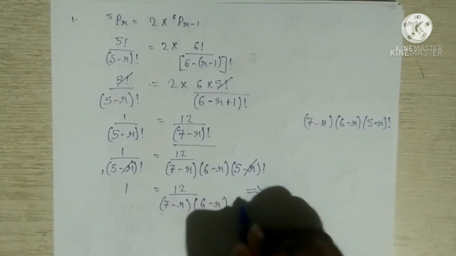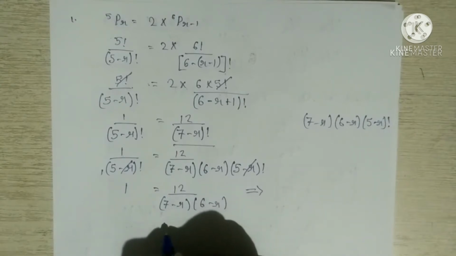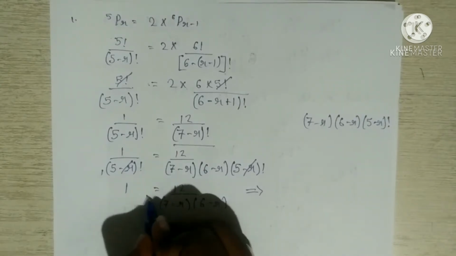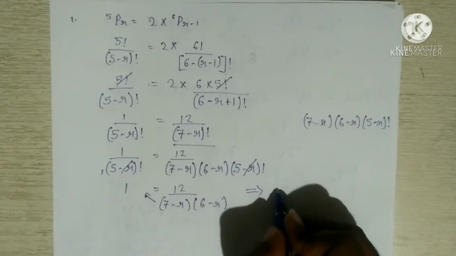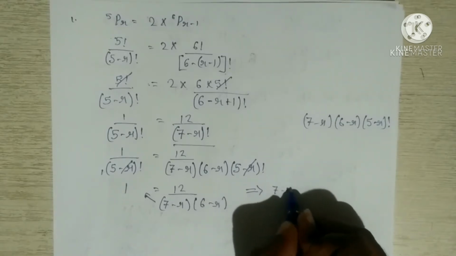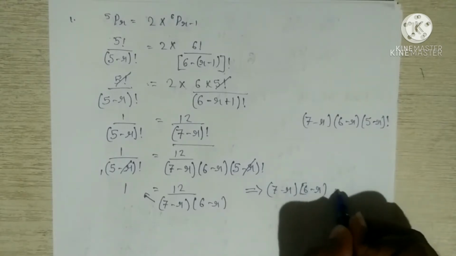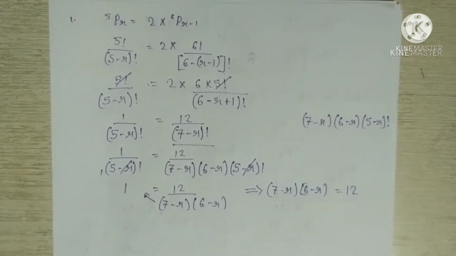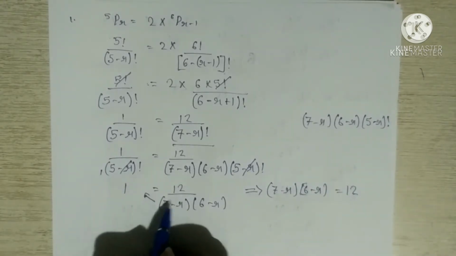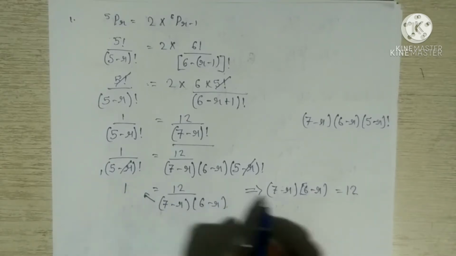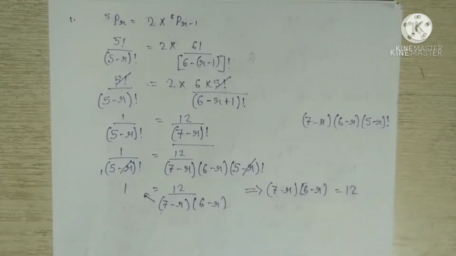Otherwise, cross multiply. You will get (7-r) into (6-r), which will be equal to 12. If this whole term goes to this side, it becomes 1.